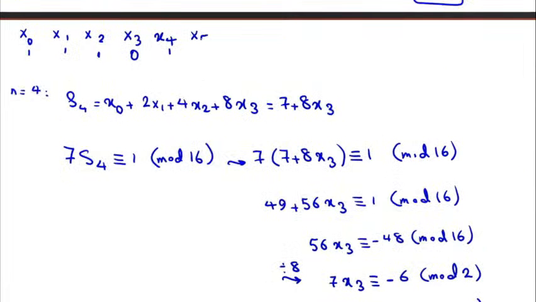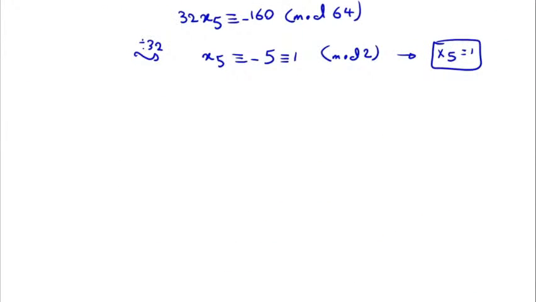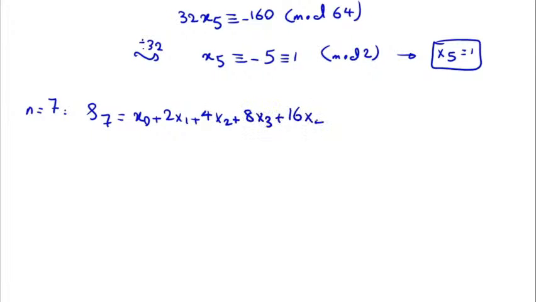Let's take one more case, x6, and then try to generalize this. We've checked up to n6, and for n7 I can say s7 is x0 plus 2x1 plus 4x2 plus 8x3 plus 16x4 plus 32x5 plus 64x6.